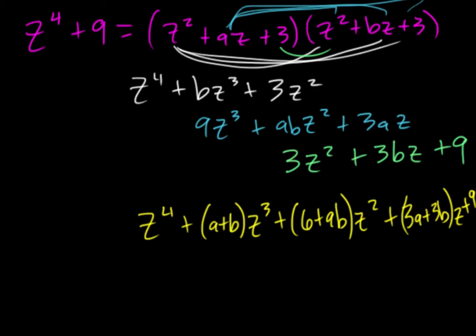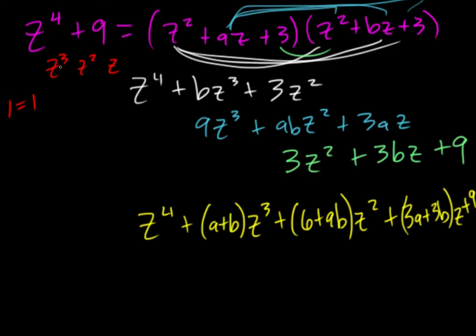Alright, so this one we're going to set up kind of in a similar way, but we got to remember that there really is a z cubed, z squared, and z term, but they're all set equal to 0. So this one doesn't give us much information, the z to the 4th, because that's just going to be 1 equals 1. That's not super helpful.